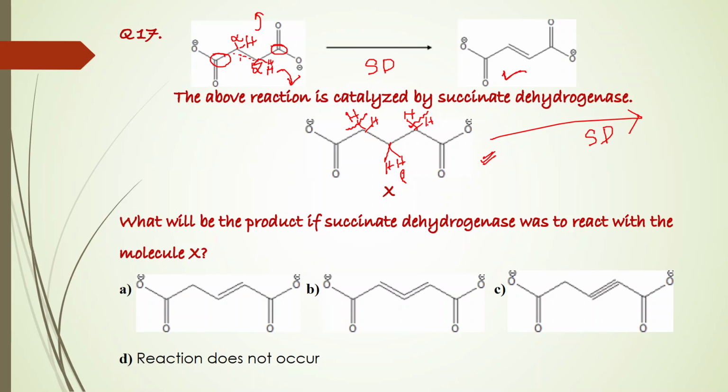In the previous case, because these two alpha carbons were next to each other, after abstraction of the hydrogen you can form a double bond between them.